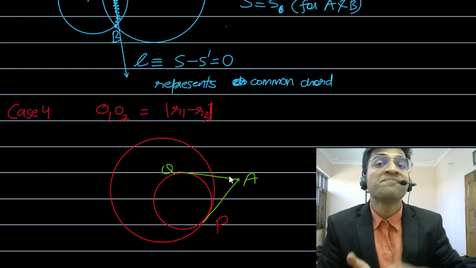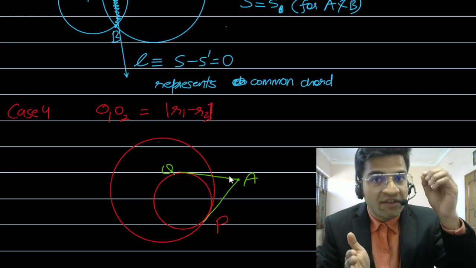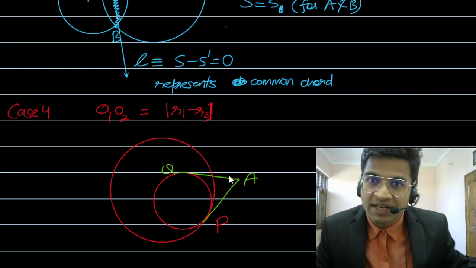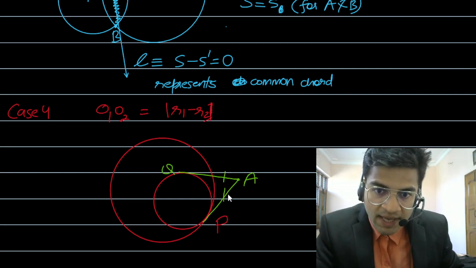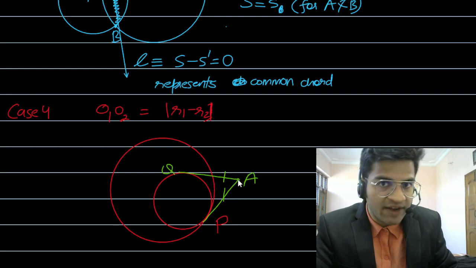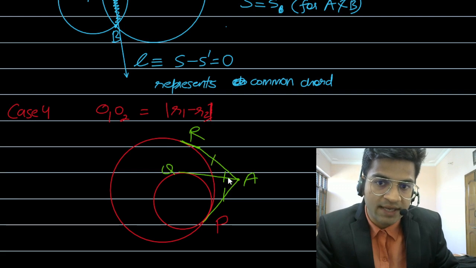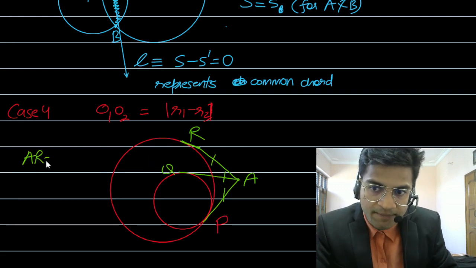But the important thing is, if from that external point we draw one tangent which touches both circles at the point of contact, then our work is done, because AQ is equal to AP, and from A, if I draw a tangent to the bigger circle, let us say AR, then AR is equal to AP, right? AR is equal to AP and AQ is equal to AP.